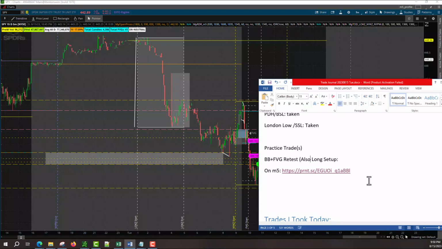Also order block. Cover that. Yep. Beautiful. We have a confluence right there.